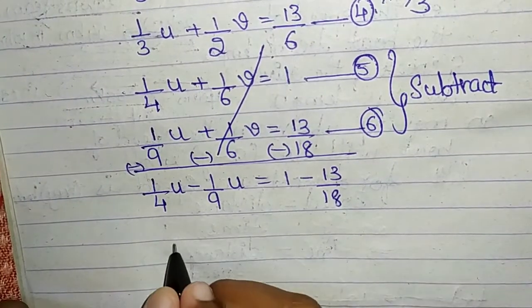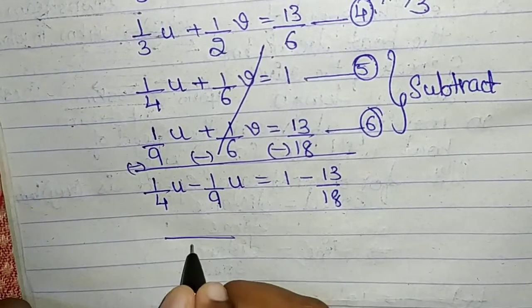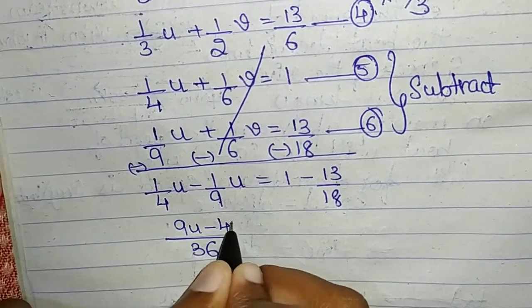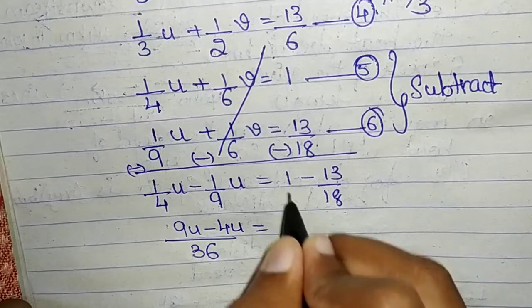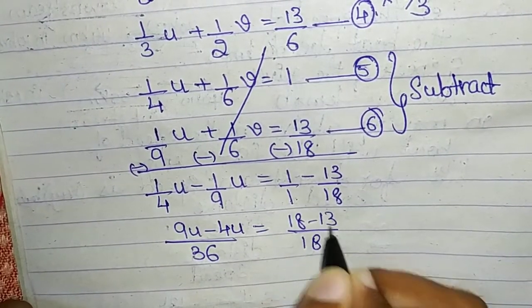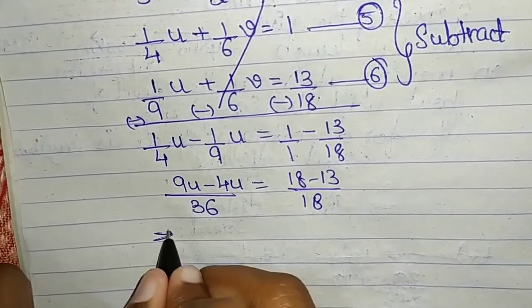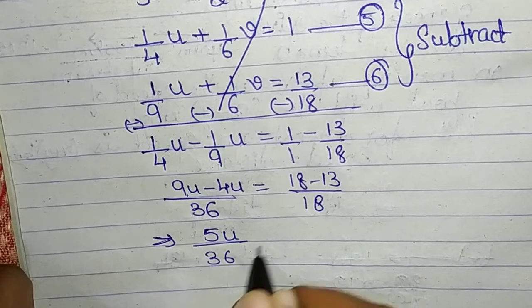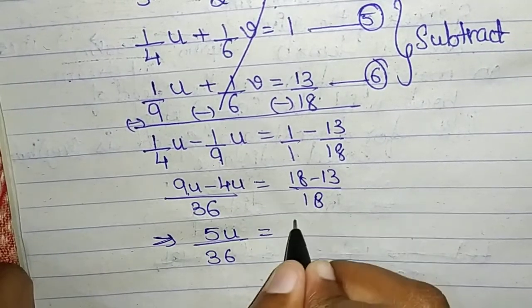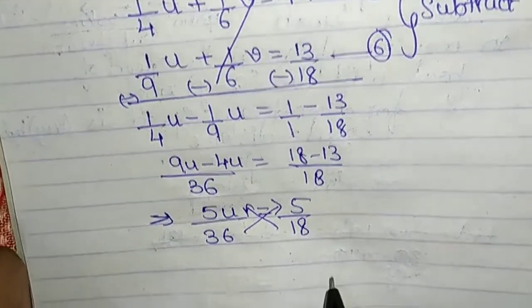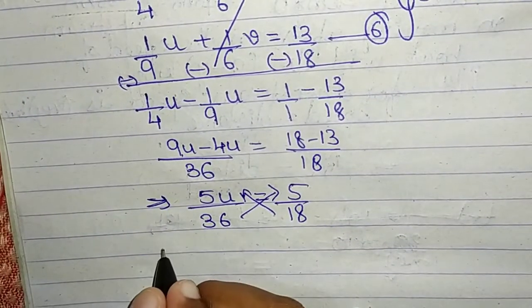So here taking the LCM, 4 9s are 36, 9u minus 4u is equal to, once again taking the LCM, 18 minus 13. So this implies 9u minus 4u, 5u by 36 is equal to 5 by 18. Cross multiply them, or you can do the usual transposition.